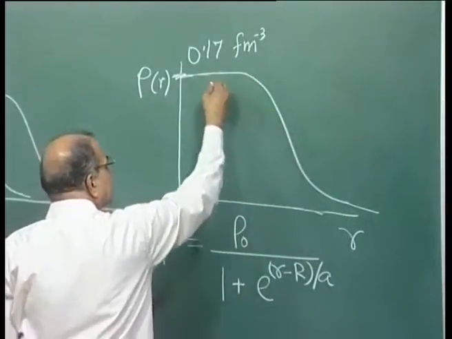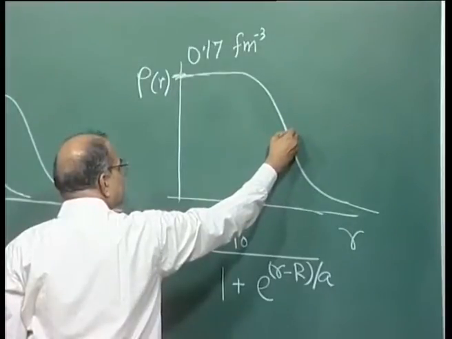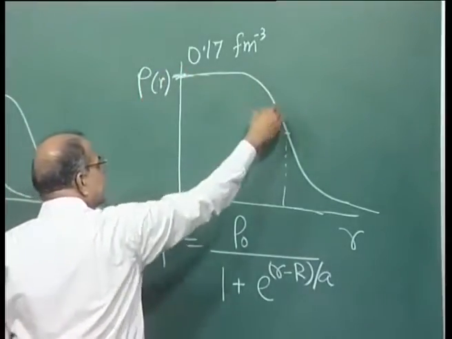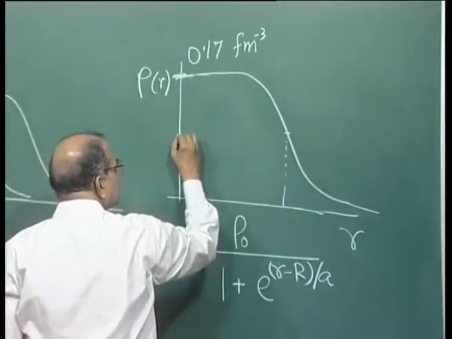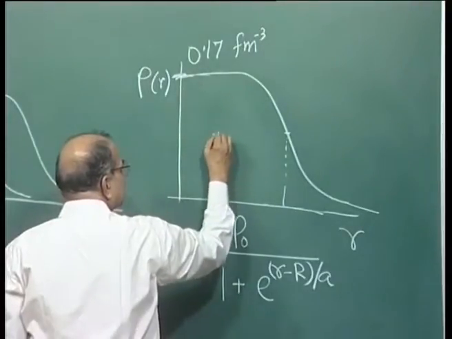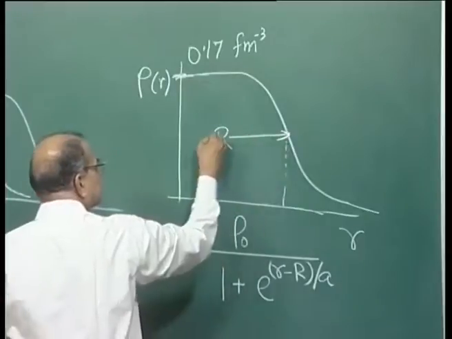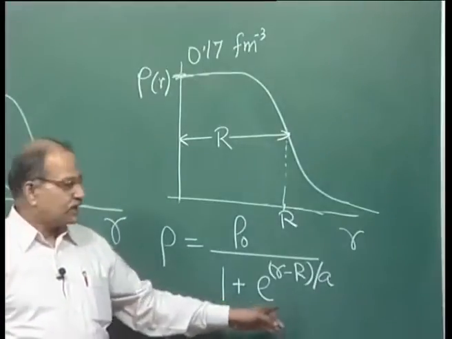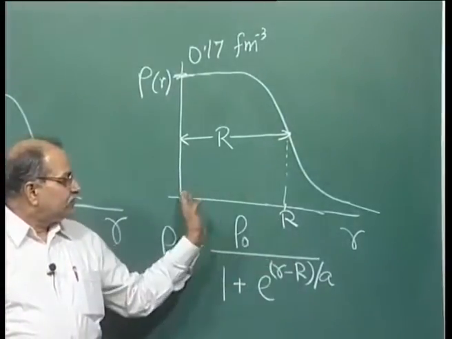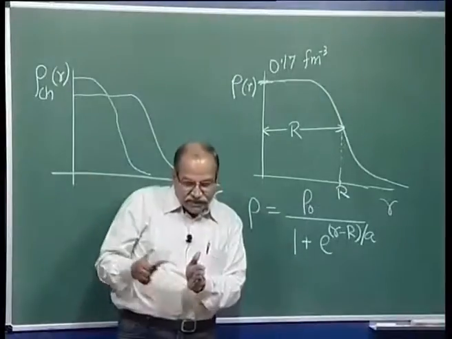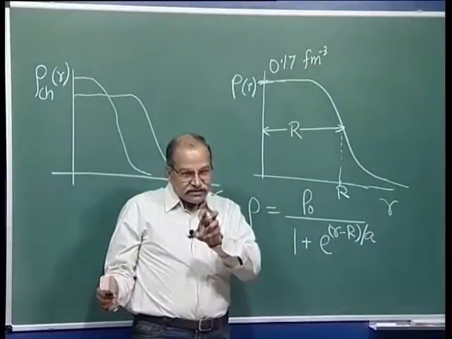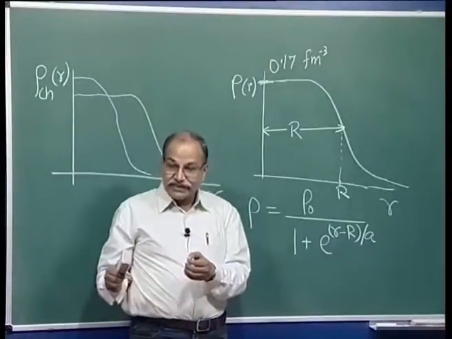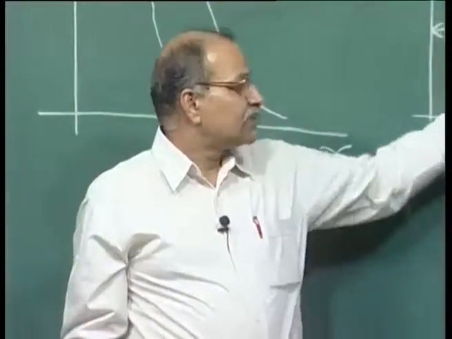You can take the point where the number density decreases to half this central value. That is capital R. In this function, capital R is the value of small r, the distance from the center, where the density, meaning the number of nucleons per unit volume, decreases to half its value.